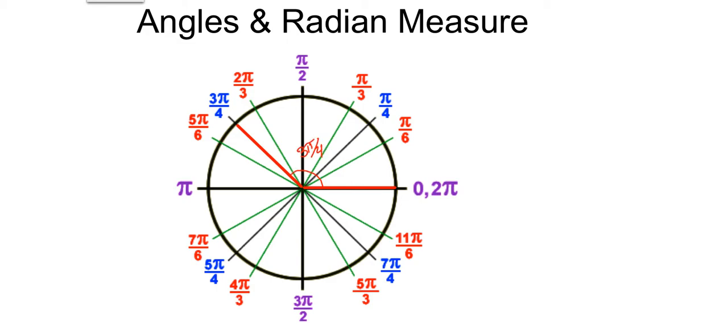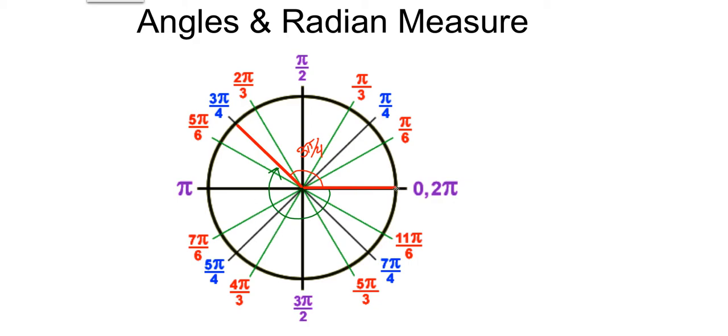Well, the coterminal angle is the angle that goes in the opposite direction but still terminates at the same point. So the coterminal angle would be this angle here on the other side. If this is going a positive 3 pi over 4, this here must be negative. But how many radians is that negative?